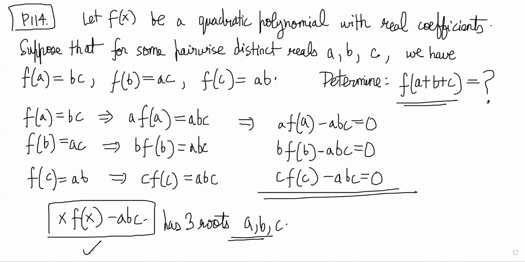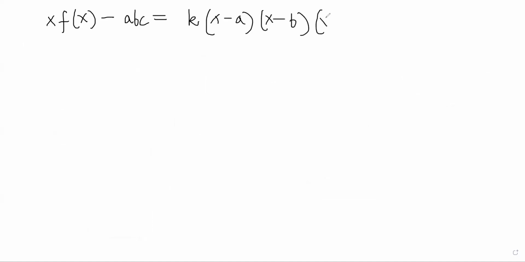So we are trying to get this new polynomial. We are constructing this polynomial. So x f of x minus ABC has three roots. Therefore, x f of x minus ABC can be written as k times x minus a, x minus b, x minus c. So here we have to first find the value of k.